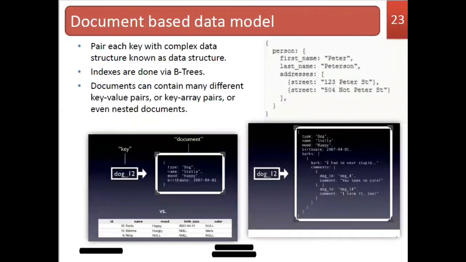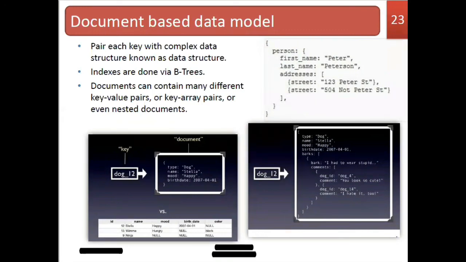Next comes the document based data model. In the key-value model we studied key and value, and it is the same thing but with a little modification here. You can save the data in the form of any data structure. There you save the data in the form of values only, but here it uses a complex data structure, or simply a data structure.